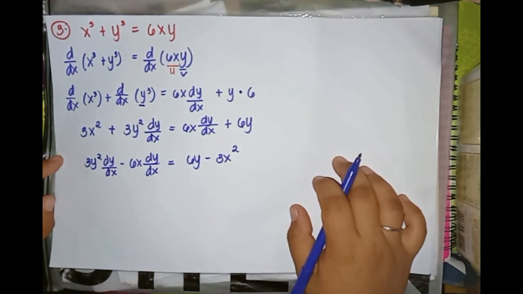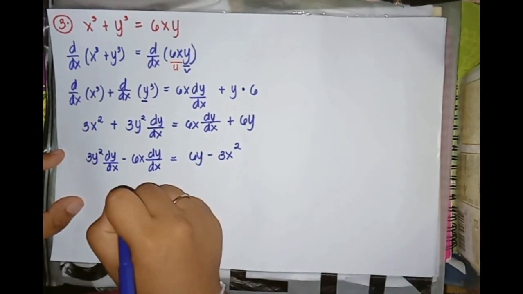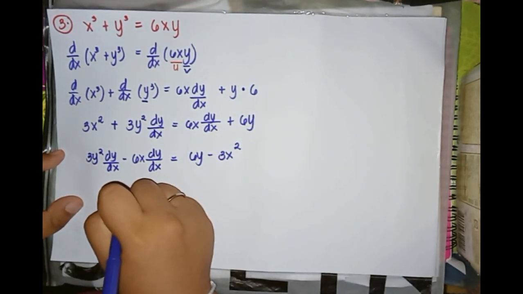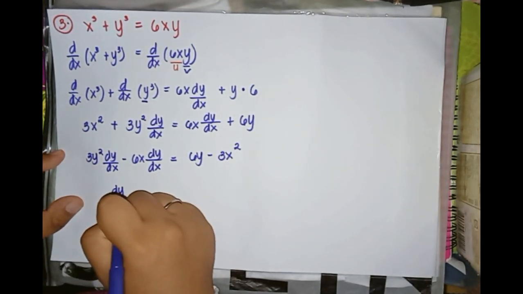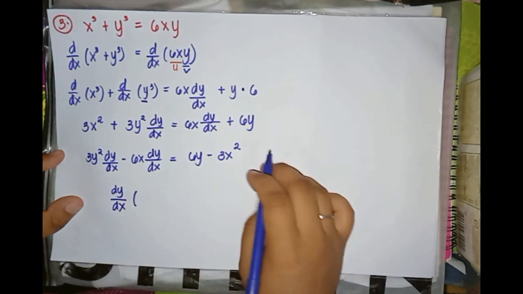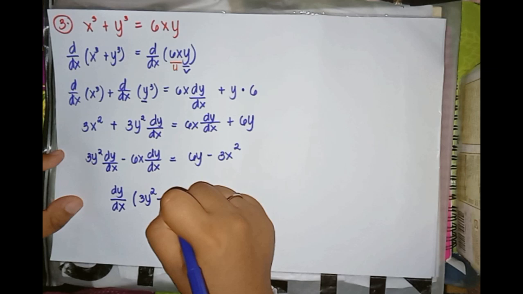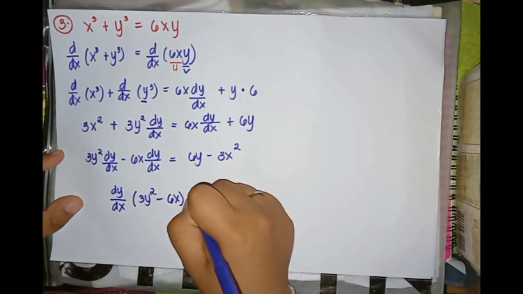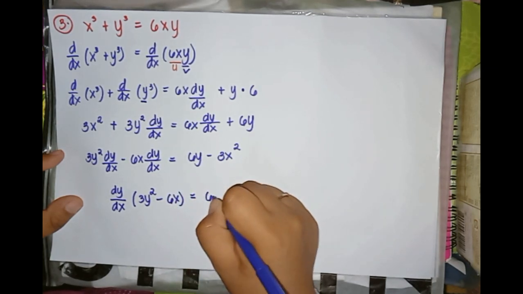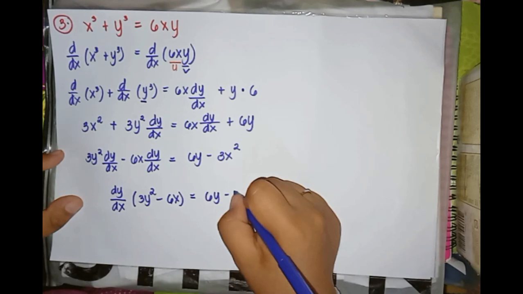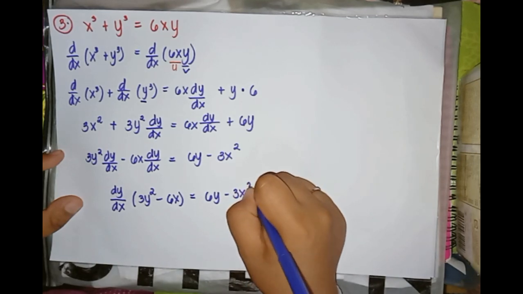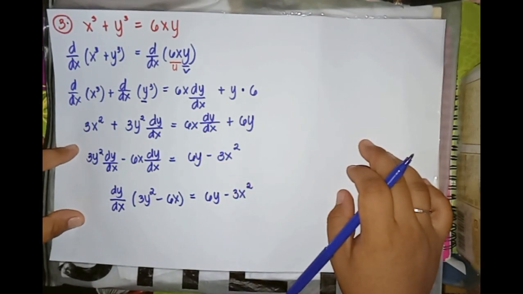We did this in order so that we can factor out dy over dx and simplify. So let's factor out dy over dx. So we're left with 3y squared minus 6x is equal to 6y minus 3x squared.